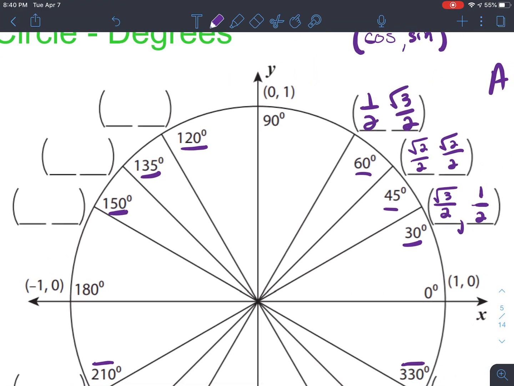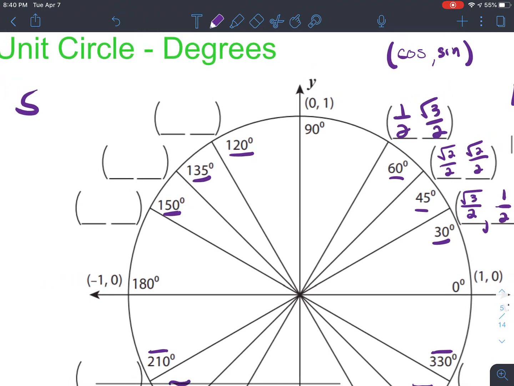So let's take a look at 150. 150 is a reference angle of 30. In this quadrant, sine is positive and cosine is negative, which means we're going to have the exact same values, but my x value of cosine is going to be negative.